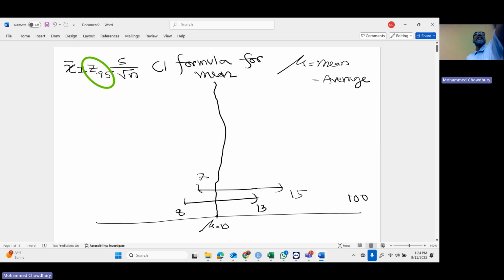And this gentleman went to another 100 students and his one does not cover it. Why? Because he went to students maybe who are very health conscious or who are very poor, who do not spend a lot of money for food. Are you understanding? So when he computed the confidence interval, that is not covering the true mean.